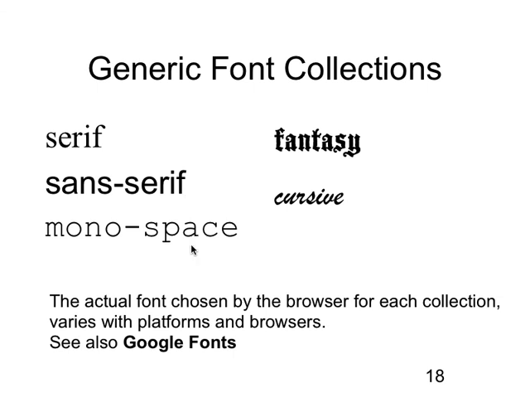Monospace, a monospace font uses the same amount of width for each letter. So in a monospace font, M takes up the same space as L. For computer code, we often like to use monospace, because things line up more easily for us.